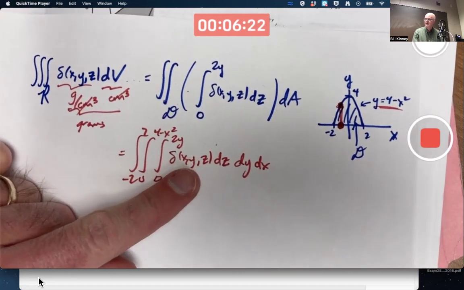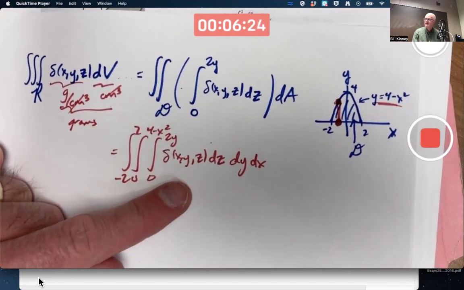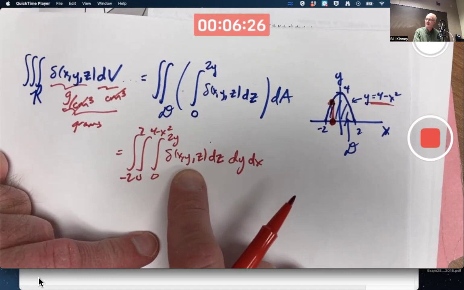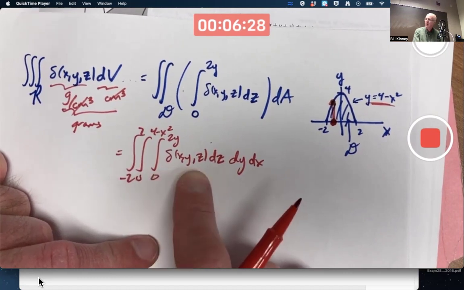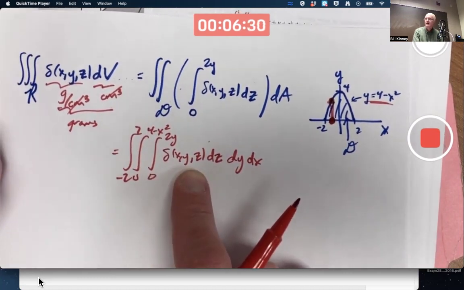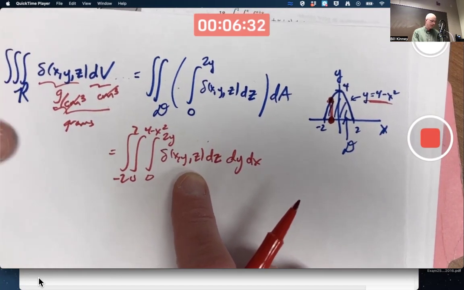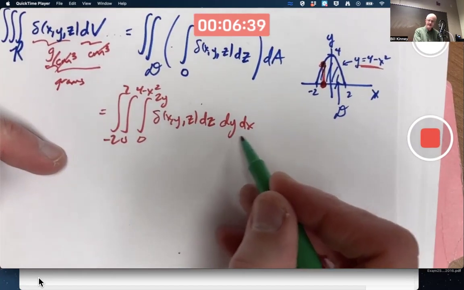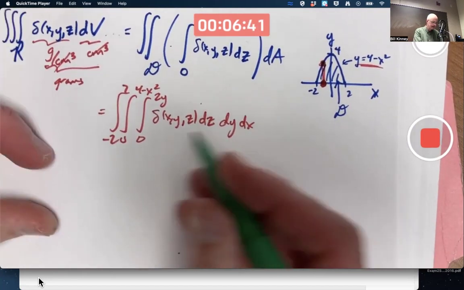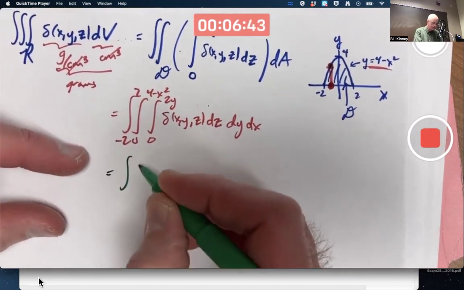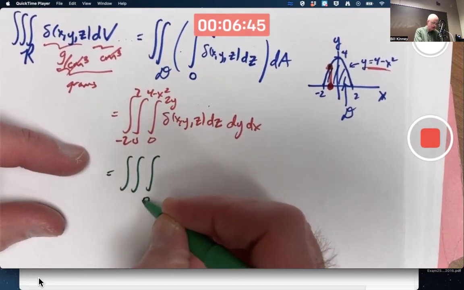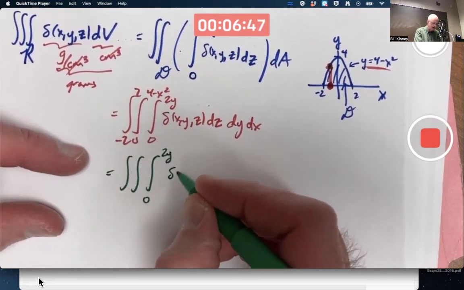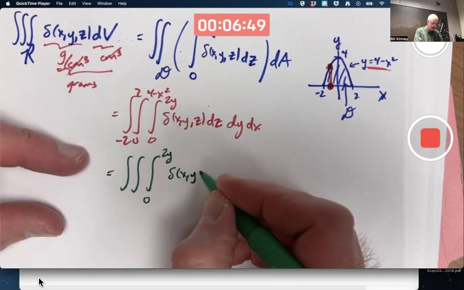It's not too difficult of an integral to do in the end, if this function is 1. If this delta function is not 1, then it certainly could be complicated. With respect to making this dx dy instead of dy dx, again, the inner integral is still the same, because that's still with respect to z.